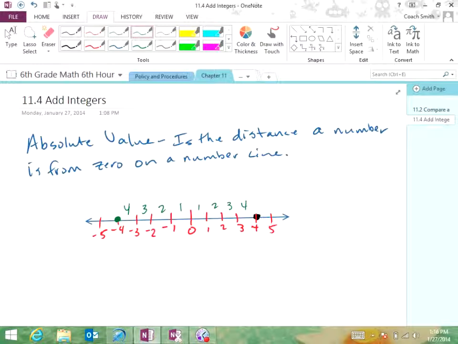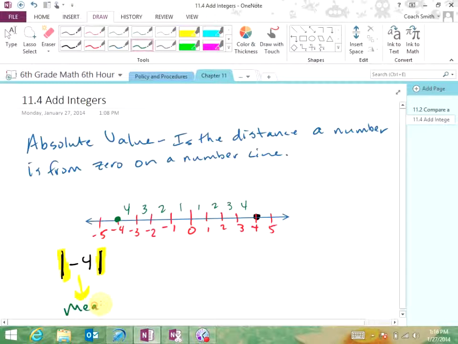That means the absolute value of those two numbers is 4. How we express the absolute value is this way, with two vertical lines. These vertical lines mean absolute value.